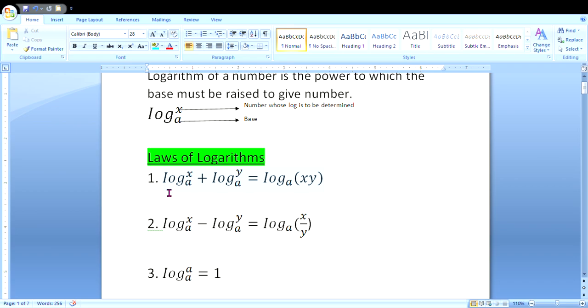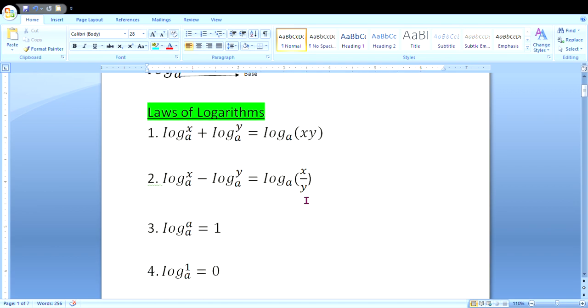All you need to do, like we have here, log x to base a plus log y to base a is equal to log x times y to base a. What it simply means is that once you are given logarithms, and so long as the bases are the same and the operation sign is addition, you take the base as a common base and you multiply. So addition will multiply. That is the first law.